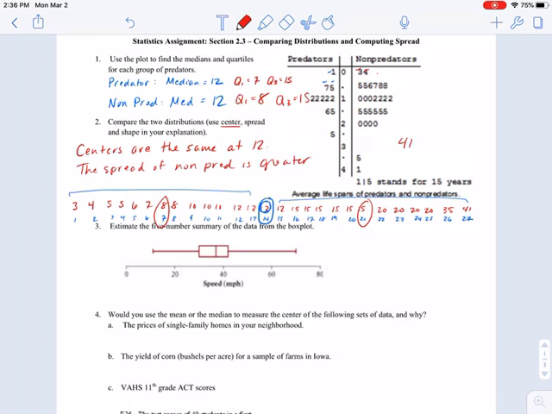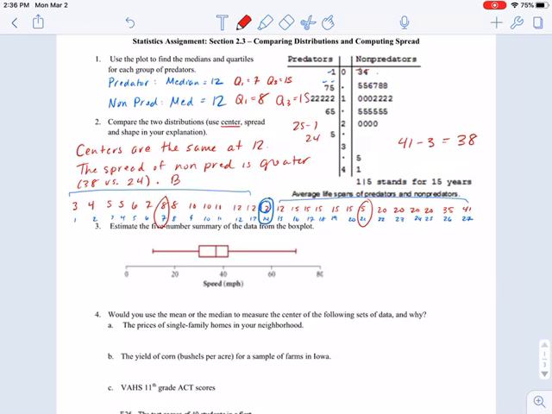It goes from 41 to 3, or it's a span of 38. The predators have a span of 25 minus 1, or 24. So 38 versus 24. And then, what else do I want to say?